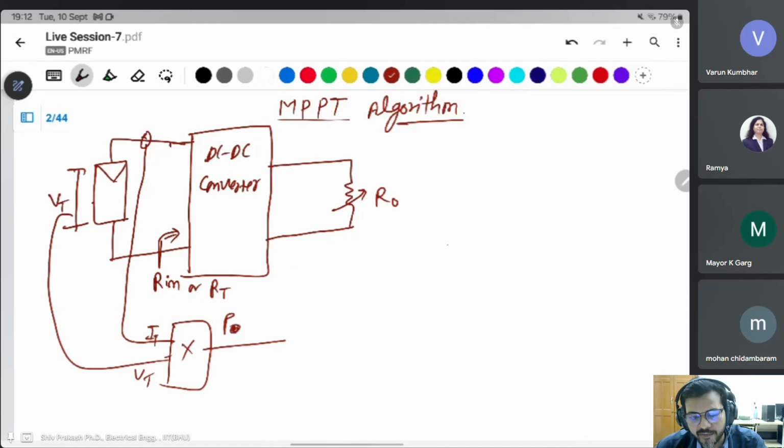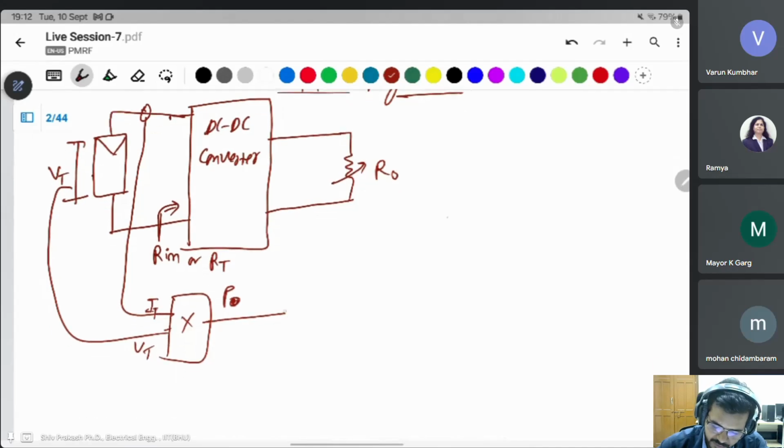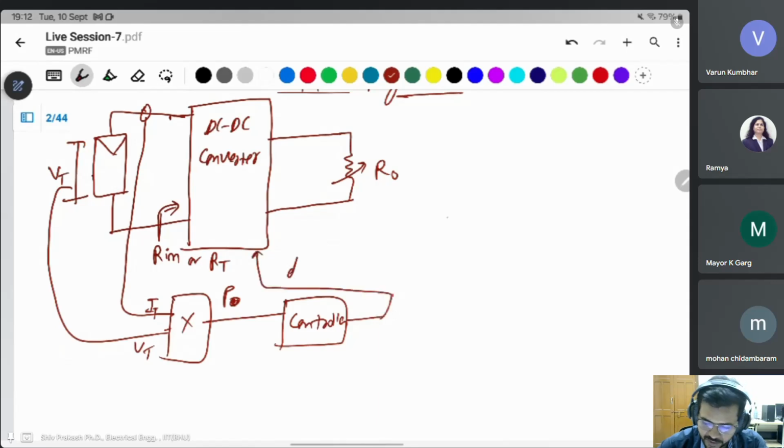This is the tracking by a controller. You use a controller to take the maximum power. After that, the controller generates a duty cycle to give to this converter, the duty cycle D at Pmax.